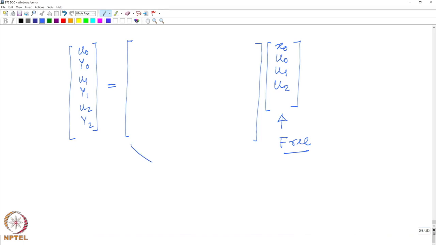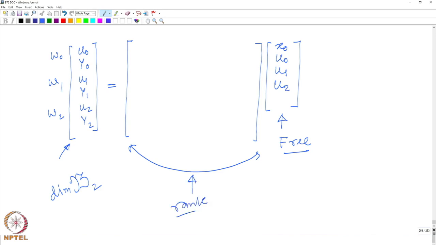And then there will be this matrix, correct. Because this is a free vector, the dimension of the space of all possible such w0, w1, w2, that means dimension of B2, will then be given by the rank of this matrix.